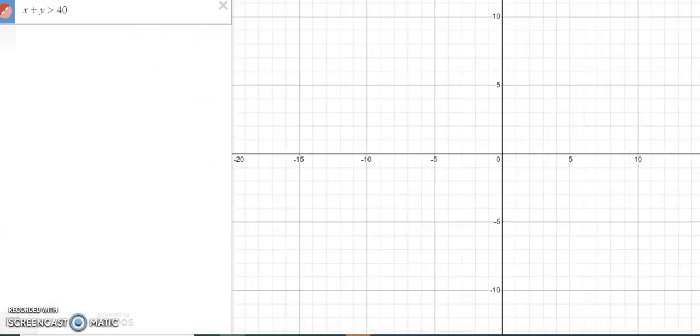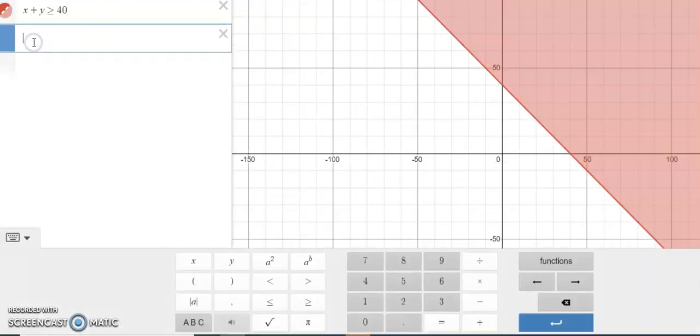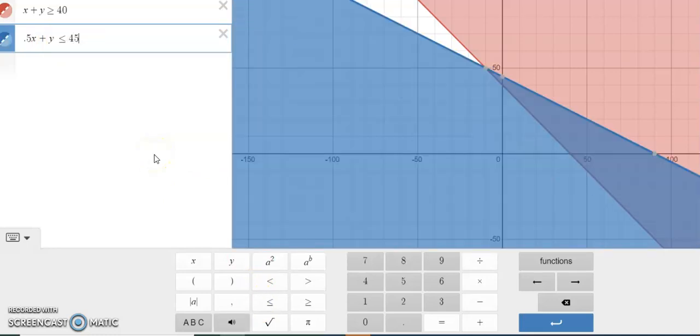And if I zoom out of my graph, I'll be able to see that. And then my next inequality is going to be 0.5x plus 1y. That's $1 for each pack of pencils. And that all has to be less than or equal to $45.